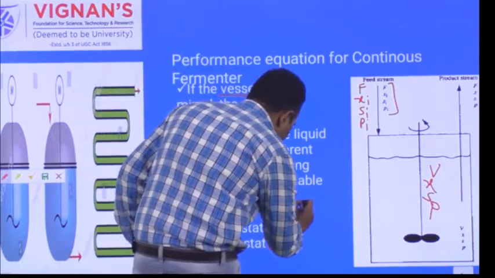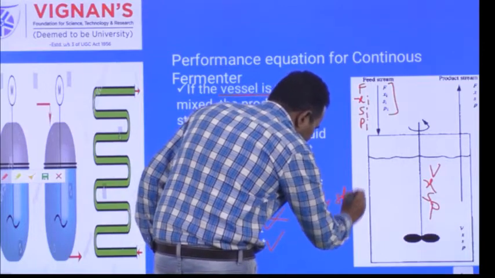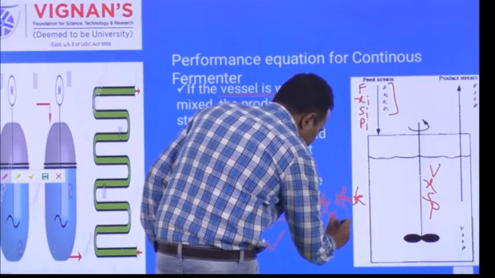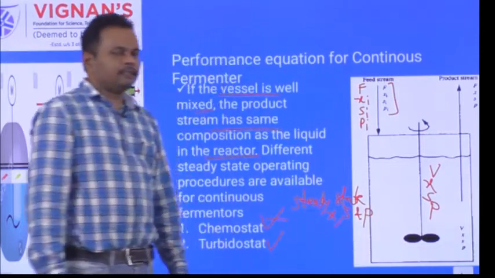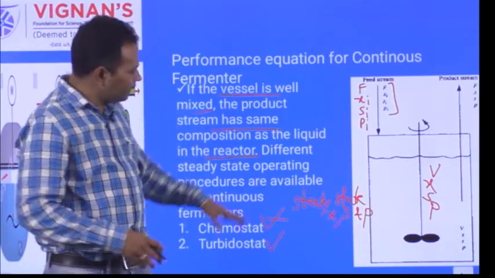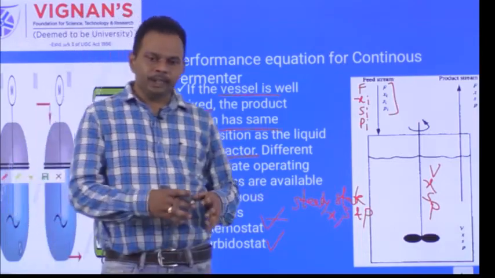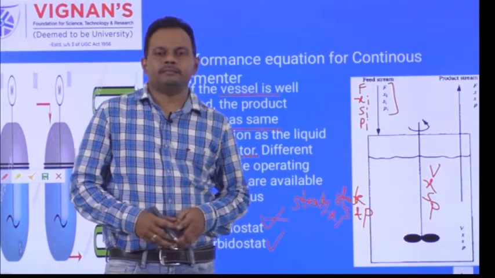In the chemostat, we maintain the steady state values of X, S, and P: steady state cell concentration, steady state substrate concentration, and steady state product concentration. To obtain the steady state values, we need to drain 5 to 6 reactor volumes of the reaction mixture.